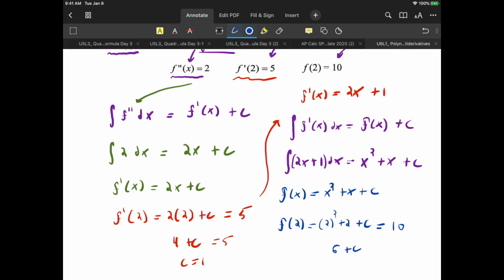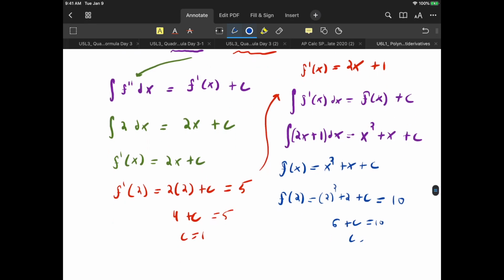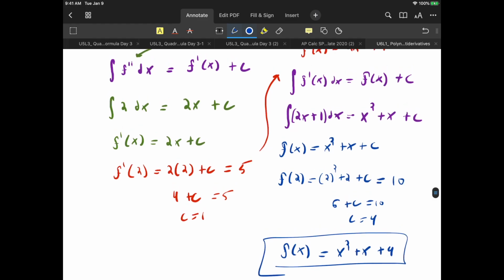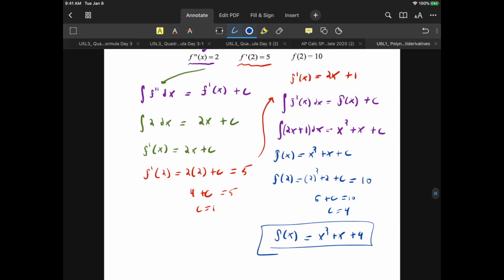This is 6 plus c equals 10. So c equals 4. And finally, f of x is equal to x squared plus x plus 4. I figured out the c.